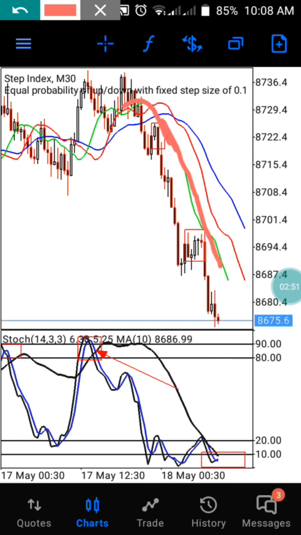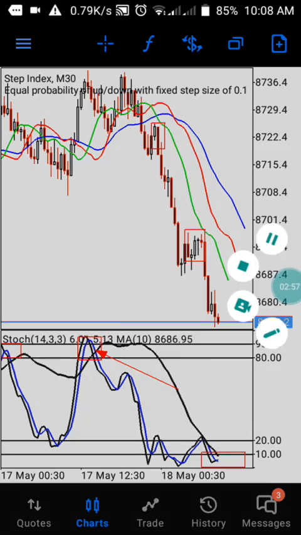But if you see it crossing over on an uptrend, then it means we are going on an uptrend.